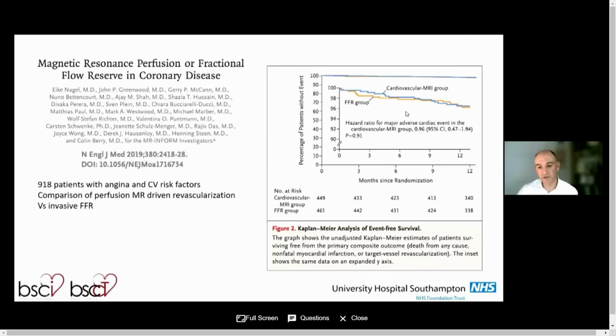What they show in this figure is that there was no difference between the FFR-driven intervention group and the cardiovascular MRI group, showing that CMR worked as effectively as invasive FFR assessment for determining who should go on to have revascularization therapy, with no change in outcomes.